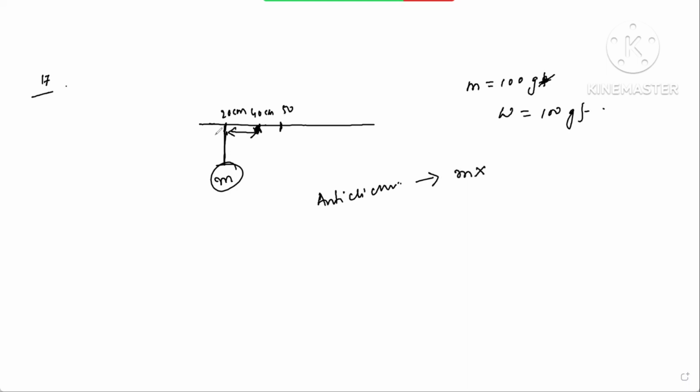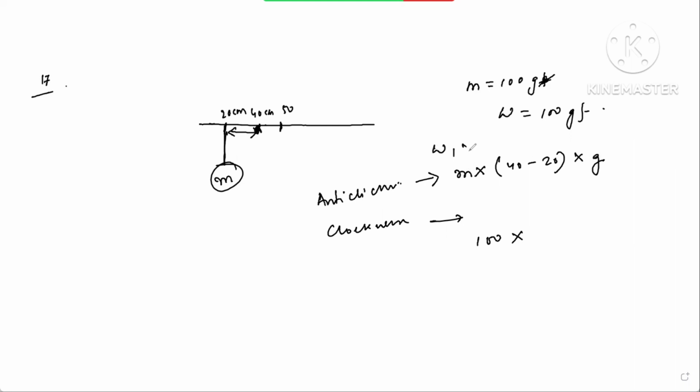This is the pivot point, so the distance will be 40 minus 20. And the clockwise moment: 100 gram is the weight of the rule, multiplied by g. Why have we multiplied by g? Because m into g is the weight.